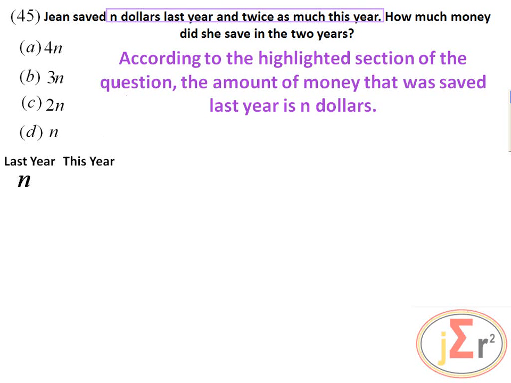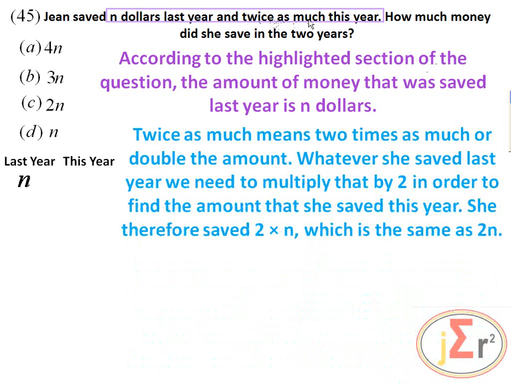What about this year? We have it right there. Twice as much this year. Twice as much means 2 times as much, or double the amount. Whatever she saved last year, we need to multiply that by 2 in order to find the amount that she saved this year.